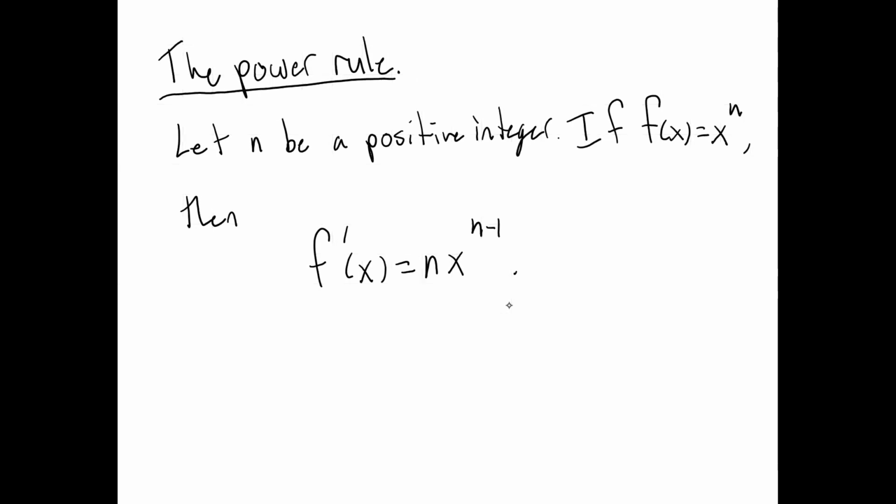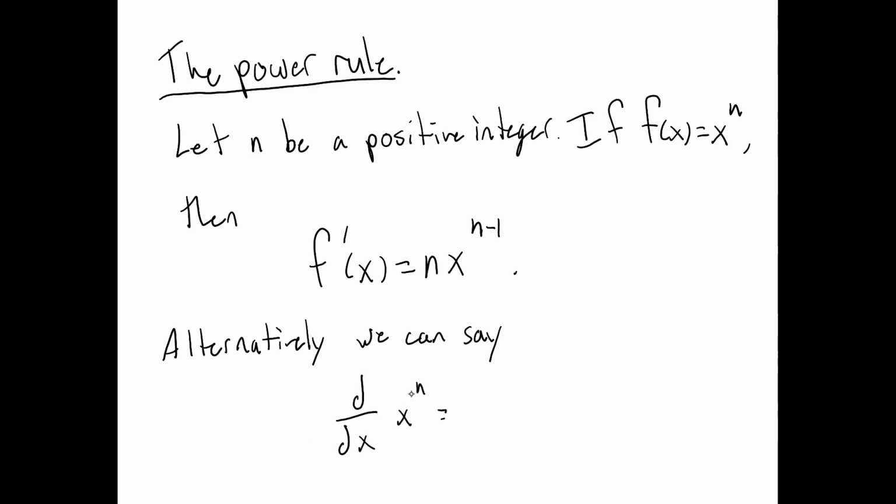Alternatively, and this is using that Leibniz notation that we talked about, we can say that d dx of x to the n is equal to n times x to the n minus 1.